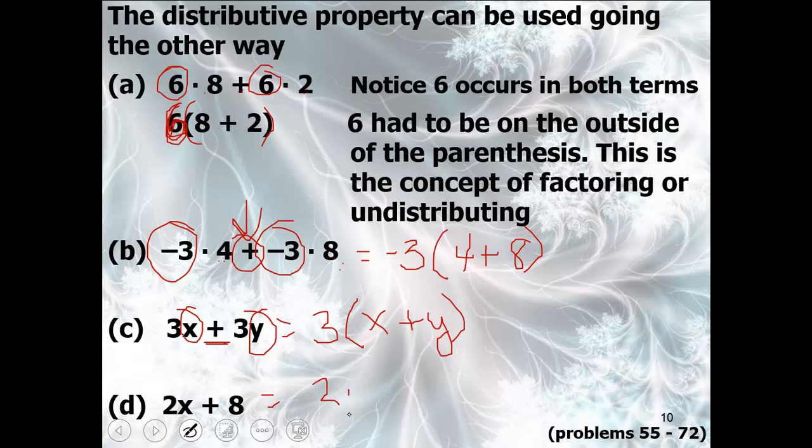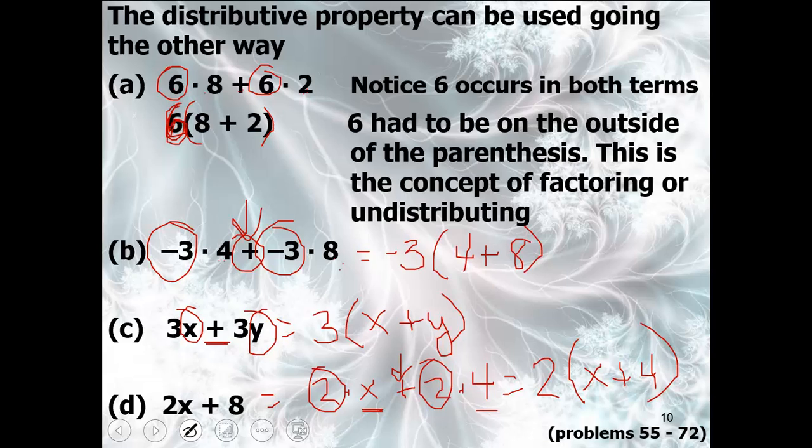So I have 2 times x plus 8 is 2 times 4, right? Now I have a common 2. So I'm going to put that out in front of my parentheses. And then x plus 4 is what goes on the inside, just like that.